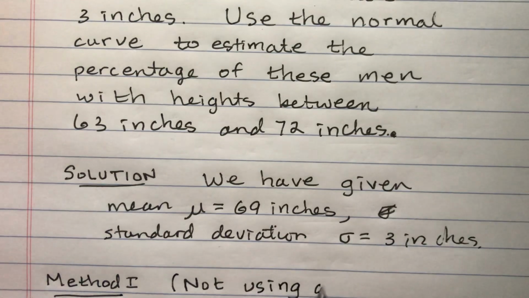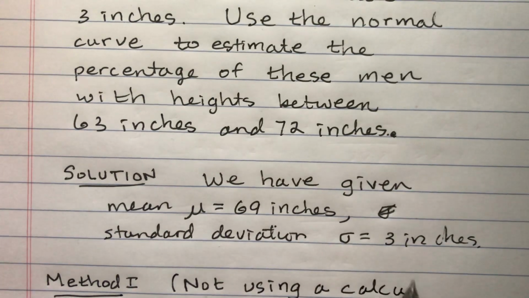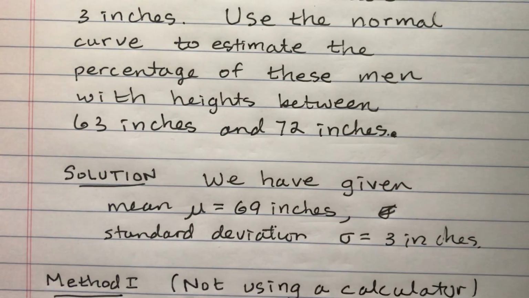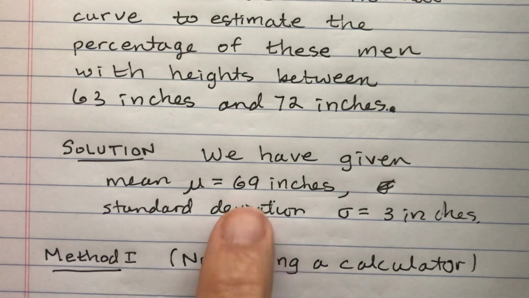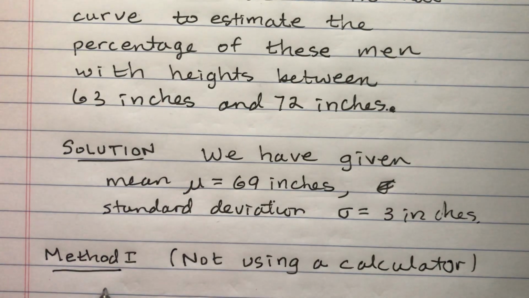So the thing is that I'm going to use the empirical rule, but there's also tables that we can use, but I'm sort of avoiding those simply because we have calculators that do this. So I think a lot of people will not want to use this method. I'm going to use the empirical rule, but first what I'm going to do is step one.